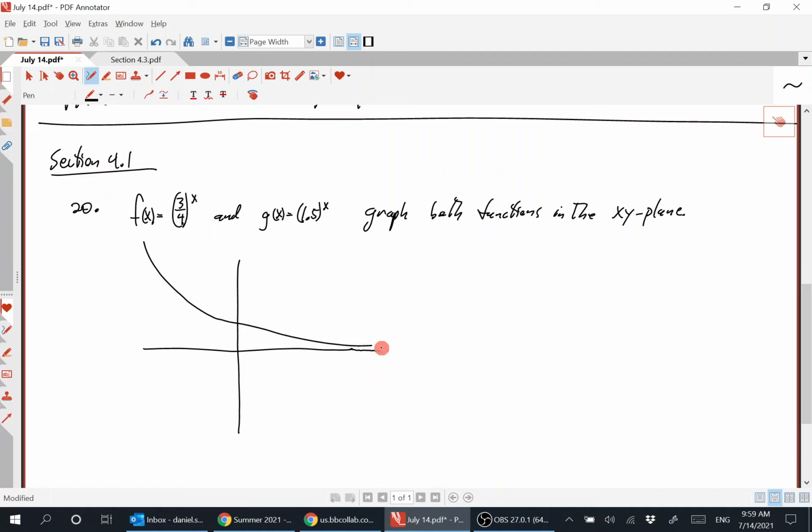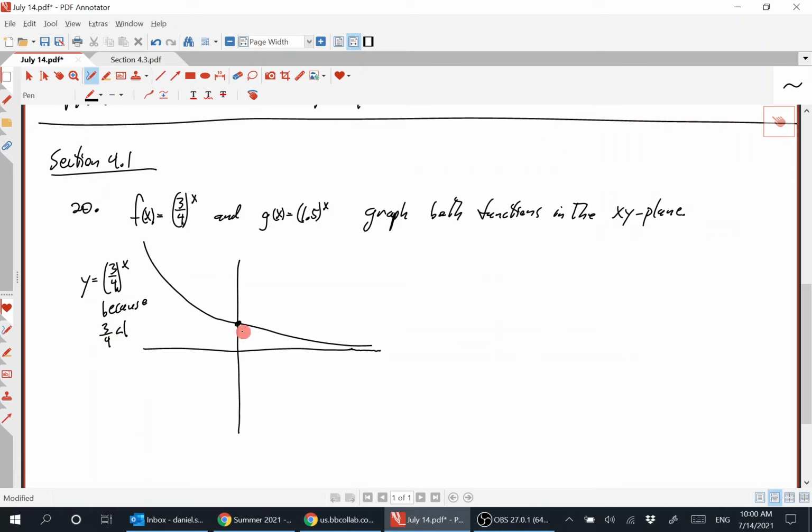The positive x-axis is the horizontal asymptote when the base is less than 1. So this is 3/4 to the x, because 3/4 is less than 1.